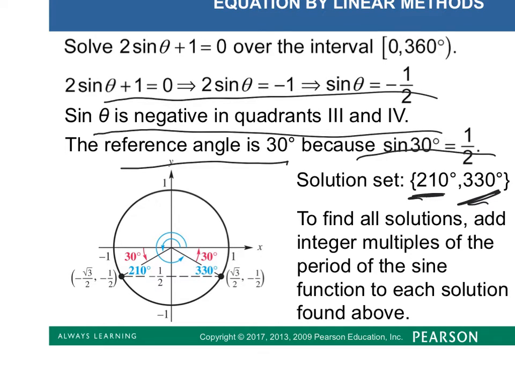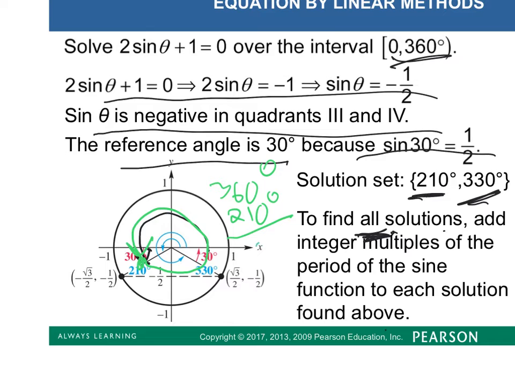To find all solutions, in other words, not just restricted to this domain, you would have to realize, well, if my first answer was 210, I could go all the way around from this point here, 360 degrees. 360 degrees plus 210, I could get another one.